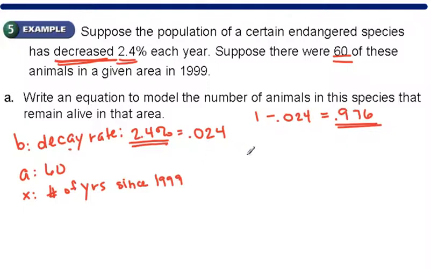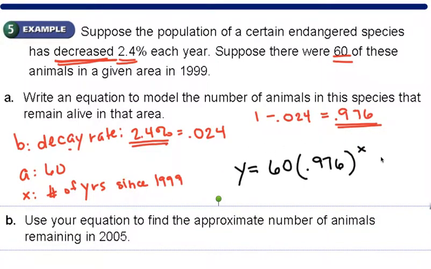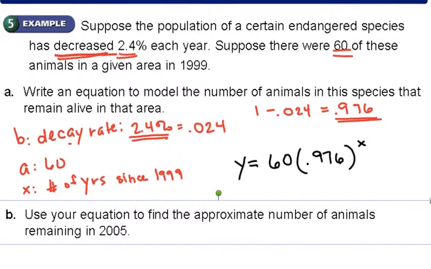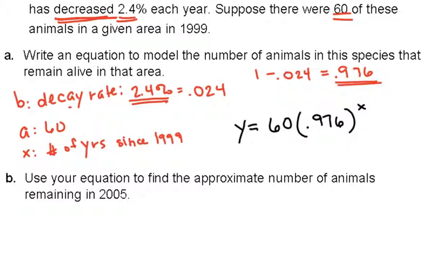All right, now setting this up, we have y equals our beginning amount, 60, times the decay factor, 0.976, and then to the x power. Part B tells us to find the approximate number of animals remaining in 2005.